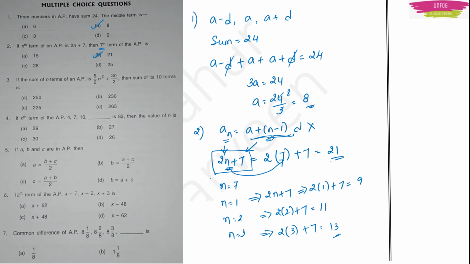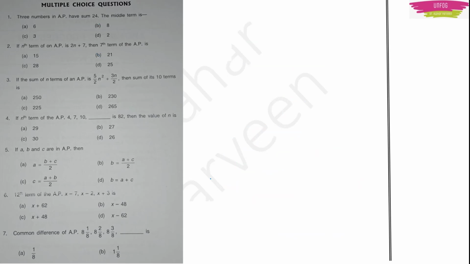Okay. Next question. That is the third question. If the sum of n terms of an AP is 5 by 2 n square plus 3n plus 2. Now this is Sn itself. Then the sum of its 10 terms is, we don't know what is S10.